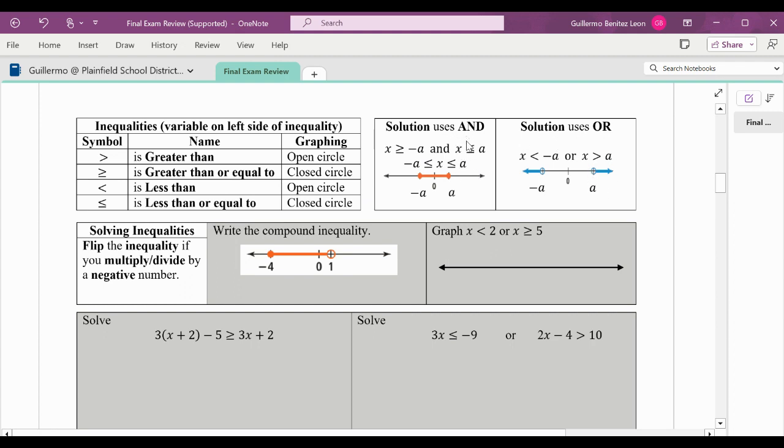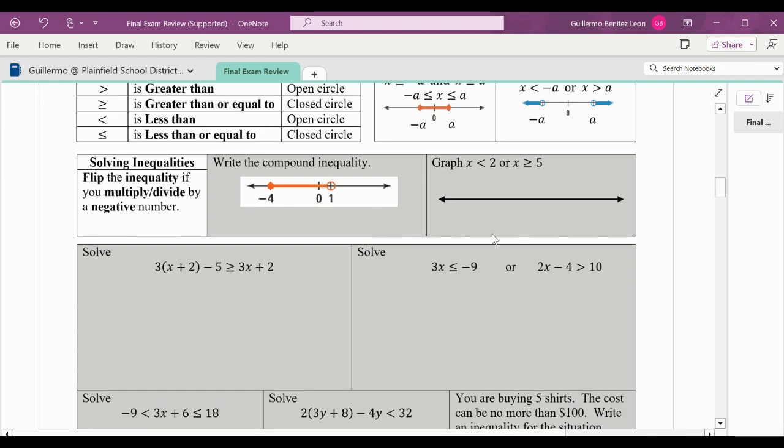Remember, and just means inwards, so it's shaded in between, or is shaded outwards, opposite directions. Those are the keywords that we use. And then there is one big rule for solving inequalities, one difference. You have to flip the inequality sign if you multiply or divide by a negative number.